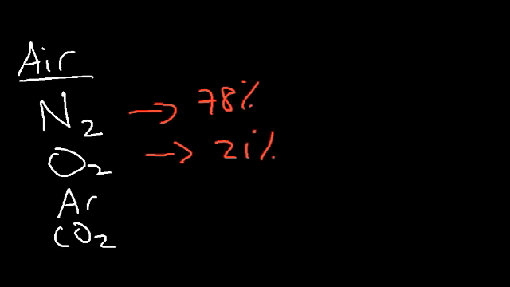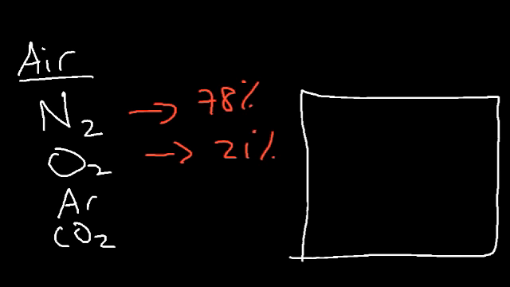But these gases are evenly distributed throughout air. They're mixed with each other in an even ratio, so to speak. So for example, let's say you have a room. The composition of air in this region is 78% nitrogen, 21% oxygen.